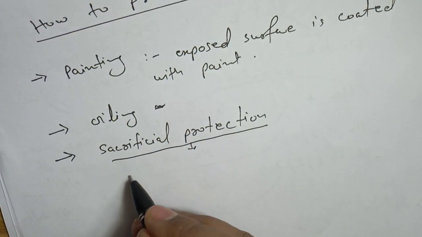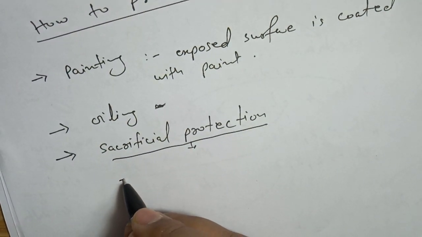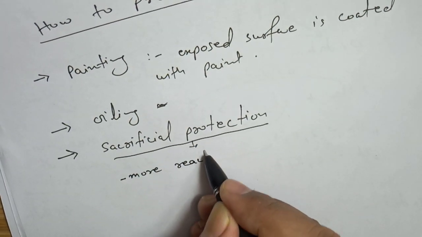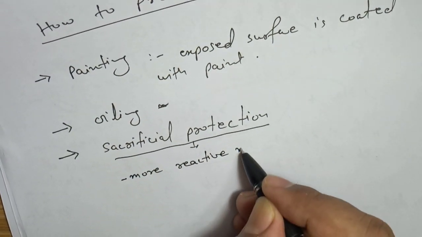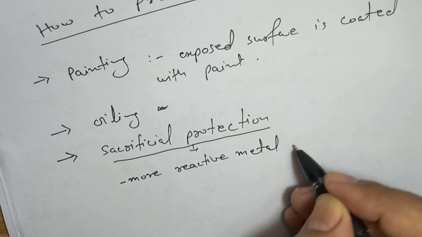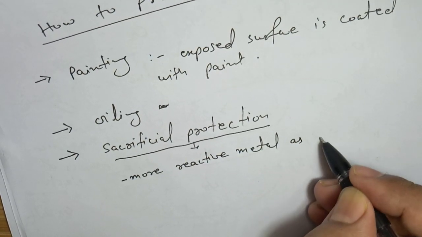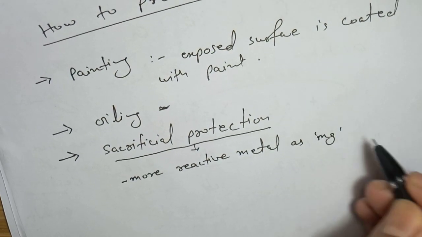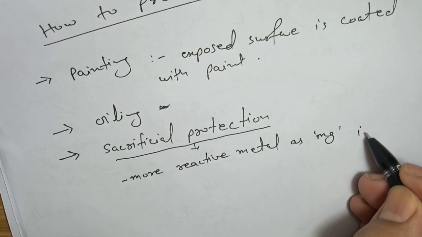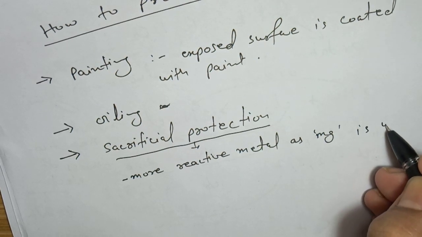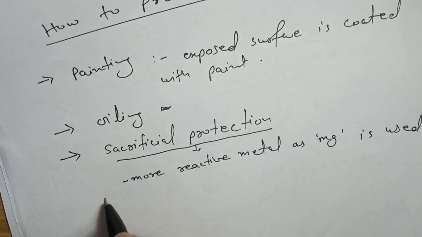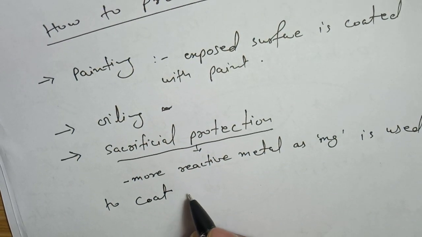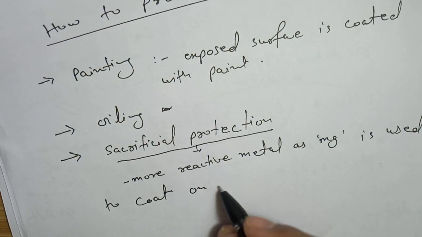So a more reactive metal, such as magnesium, is used to coat over iron.